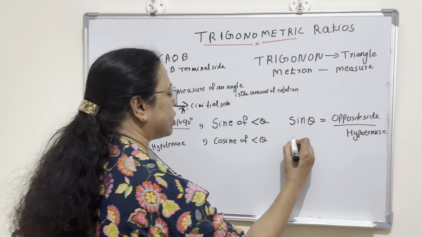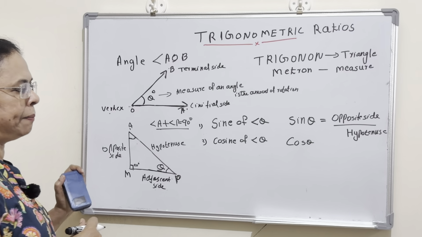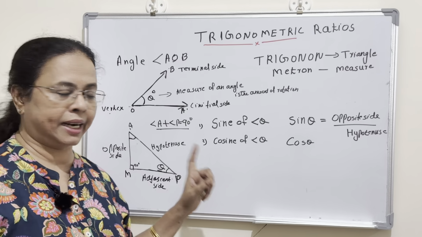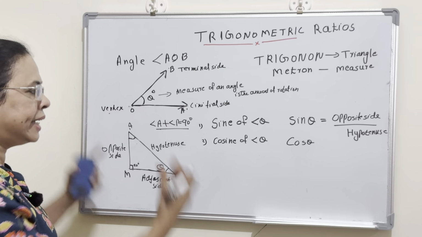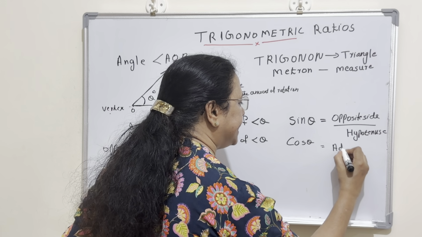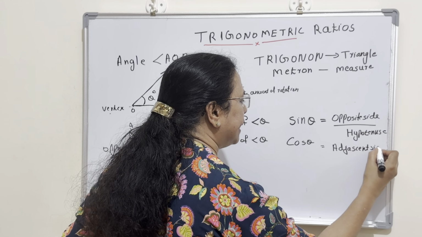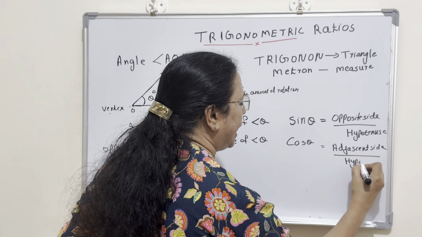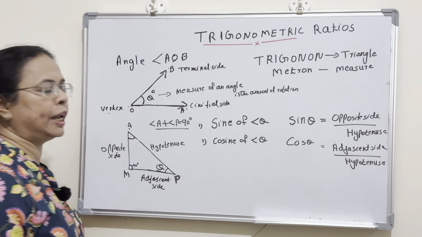Shortly I can say cos theta, but this cos theta does not mean cos into theta. It is not like that. Cosine of angle theta means again a ratio of the adjacent side divided by again the hypotenuse itself. This is a ratio, the cosine of angle theta.